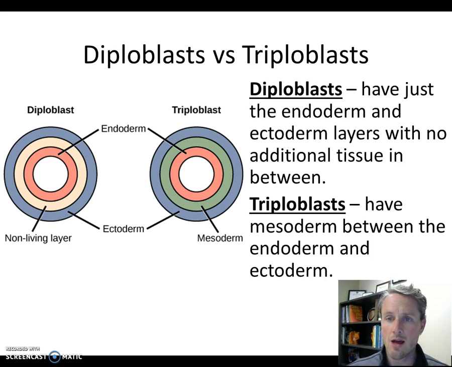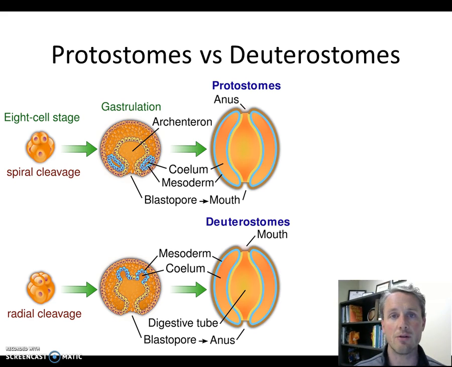All right, so that's one way we can differentiate animals evolutionarily. Another way is to think about these terms either protostome or deuterostome. Again, these are also related to gastrulation. So I've got another image where we're showing the cells, the embryo before gastrulation.